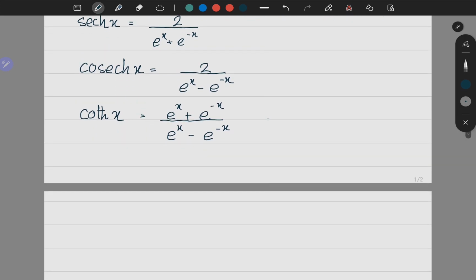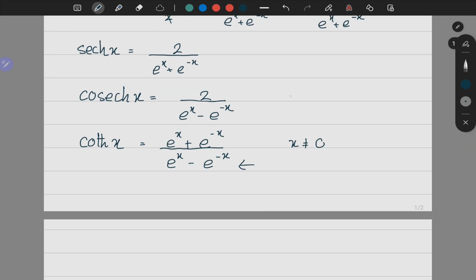And for this one, we do have a condition. x cannot equal 0, I believe, because if x is equal to 0, the denominator will equal 0, and anything can't be divided by 0.